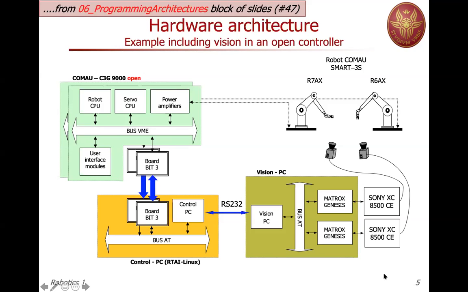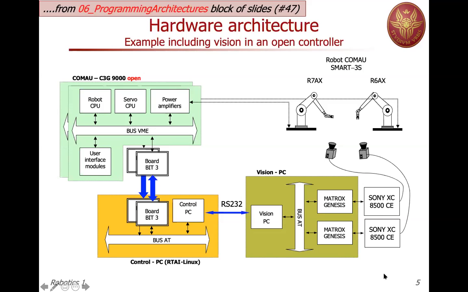We may have seen also one video of that. One was mounted actually on a rail, so it's a 7-axis robot. The other is a 6-axis robot. And these were Comau robots, and Comau developed a version of their controller, at that time the C3G 9000 controller, which is open.